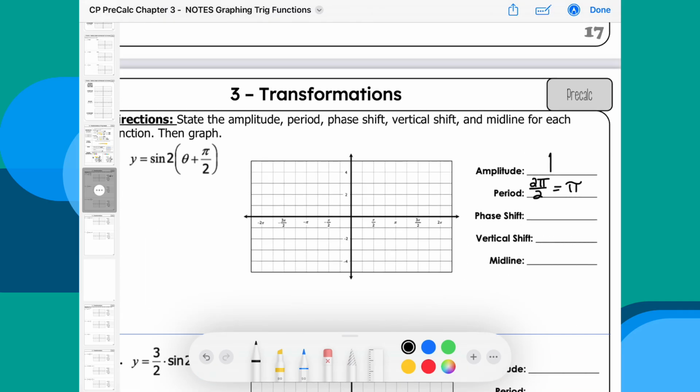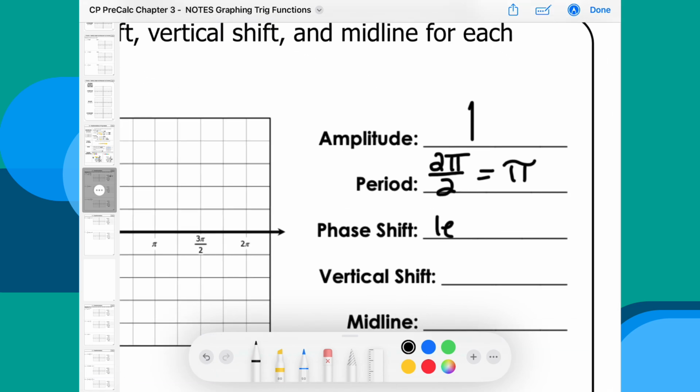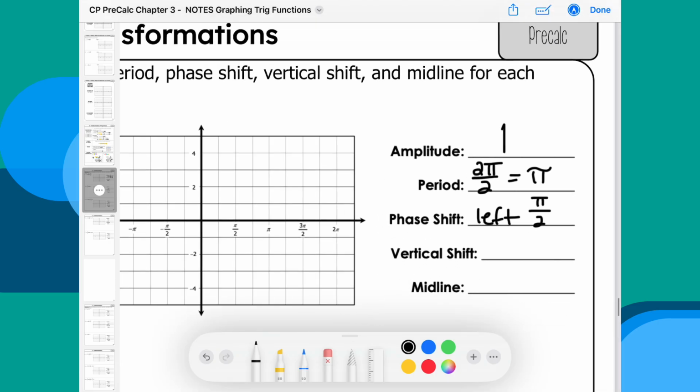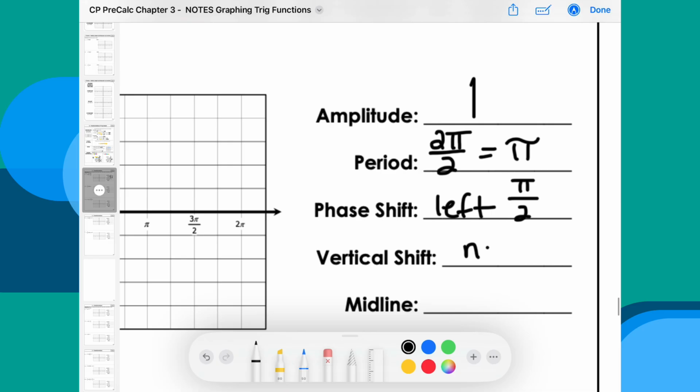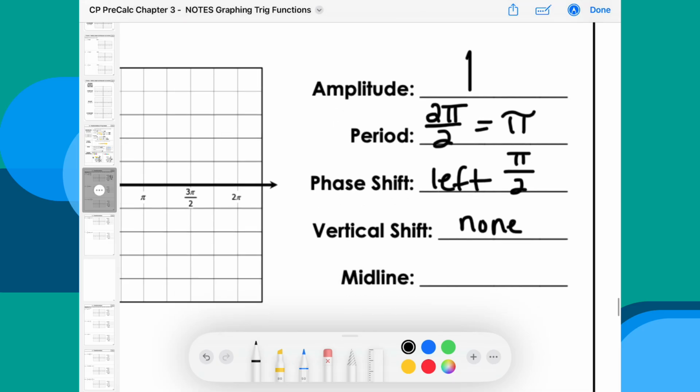We can see that we have a phase shift of plus pi over 2, so we're going to go to the left pi over 2. We have no vertical shift, so our midline is staying at y equals 0.